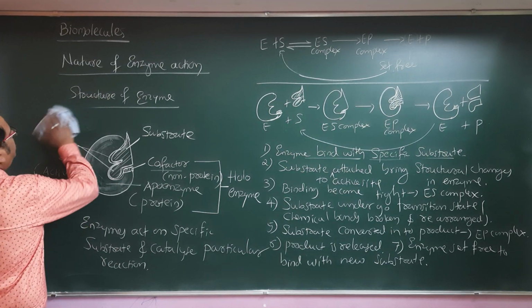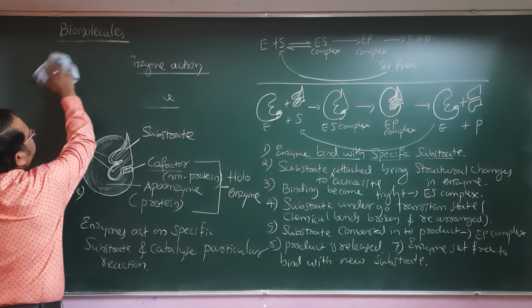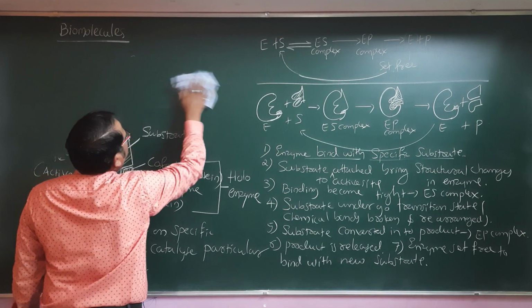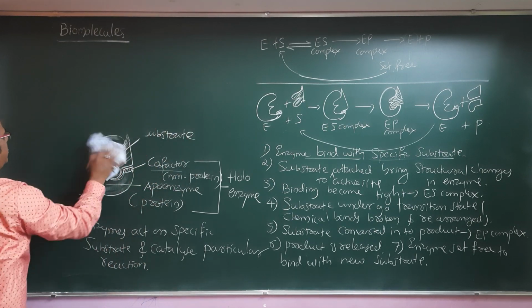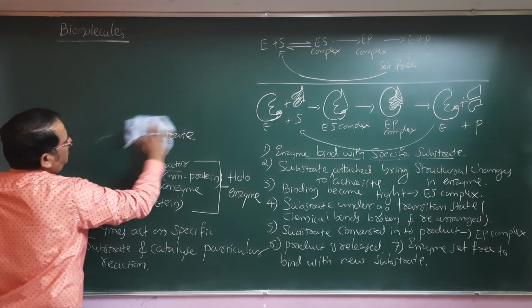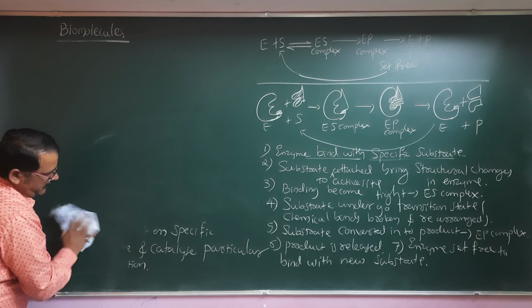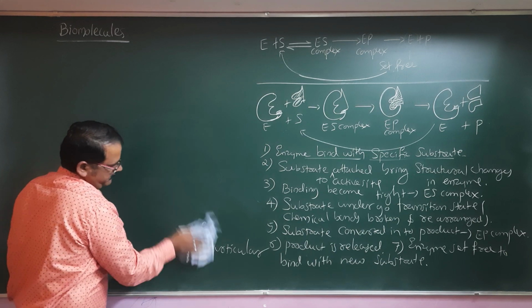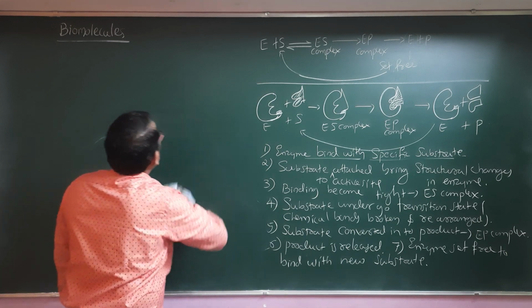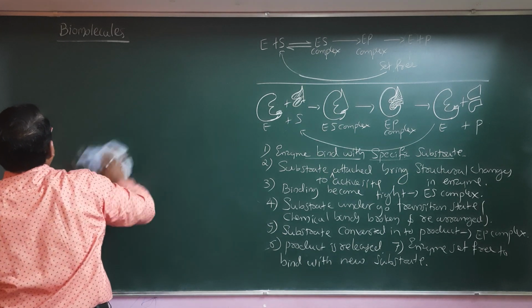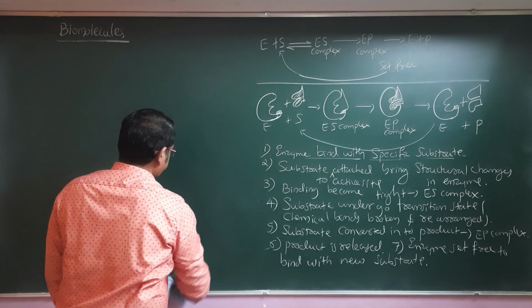Well, let us go ahead. How the enzymes are mainly altered by the different kinds of factors. So after that we will discuss classification of enzymes and different types of cofactors also. So this is about what we have studied, nature of enzyme action.